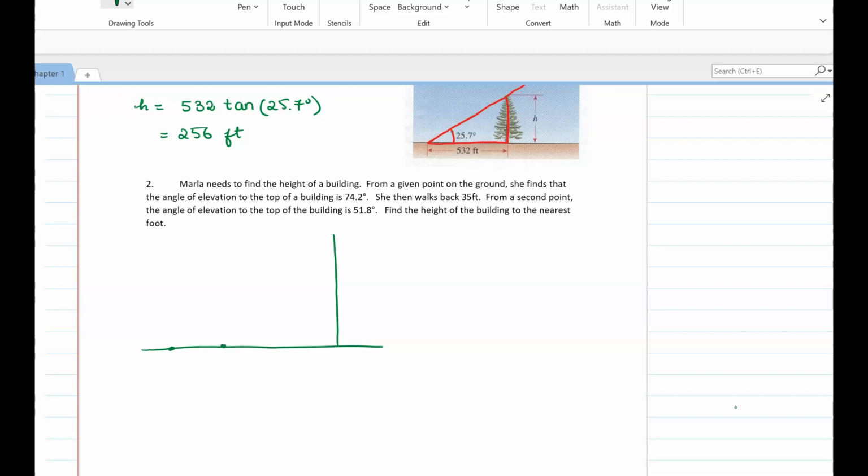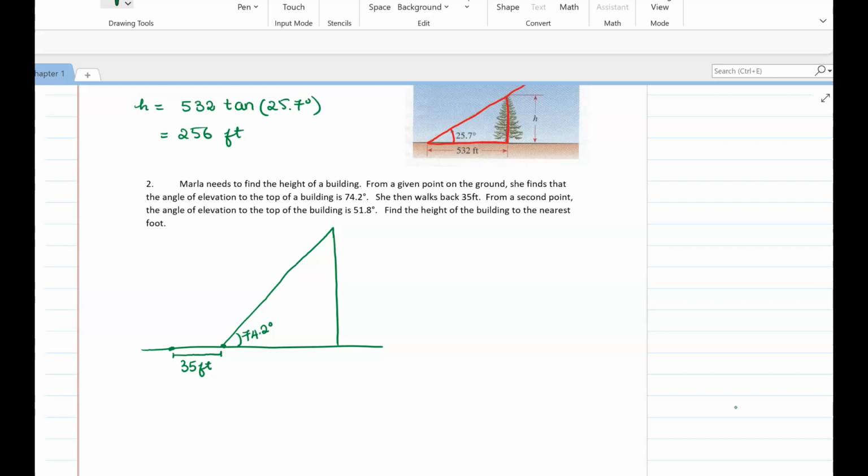From a given point on the ground, we find that the angle of elevation to the top of the building is 74.2 degrees. Then walk back 35 feet. Okay, so let's say this distance here is 35 feet.